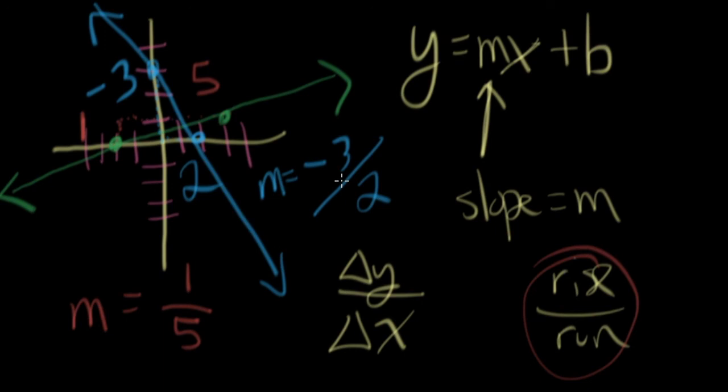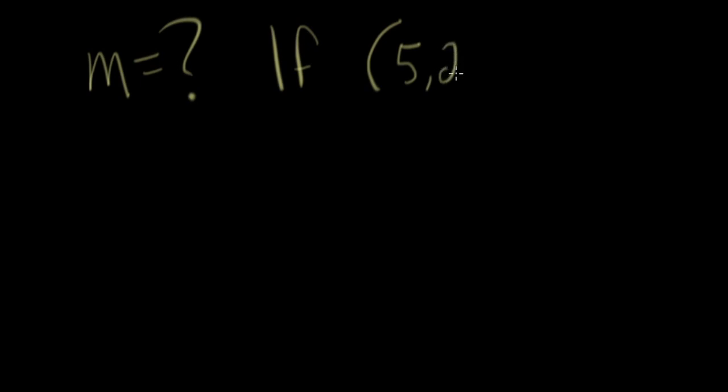Okay, so that's just counting. Easy peasy, no problem. But what if you are not counting? What if they just give you points? What if they say, tell me what m is if a line passes through, say, (5, 2) and (3, 4)?